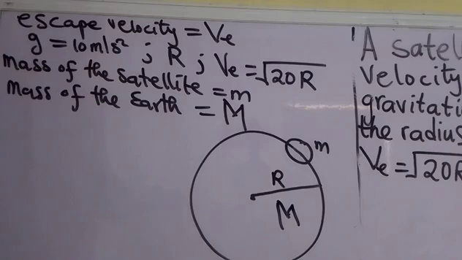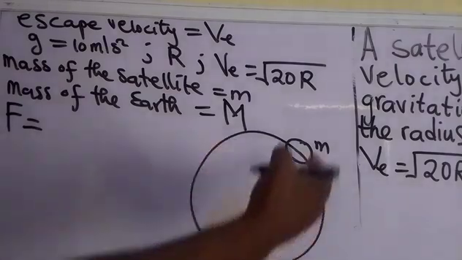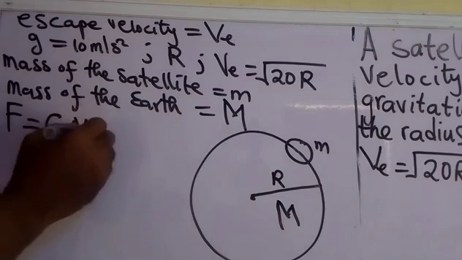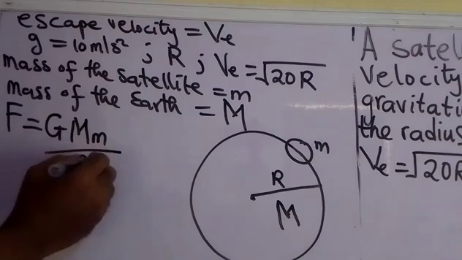Now, if this satellite has to escape the Earth's gravitational attraction and move free by itself, how much velocity is required? Of course, there are different ways we can approach this. Let's look at, from Newton's law of gravitation, we know that the force of attraction between the Earth and this satellite should be given by the product of the two masses over the square of the distance between them.